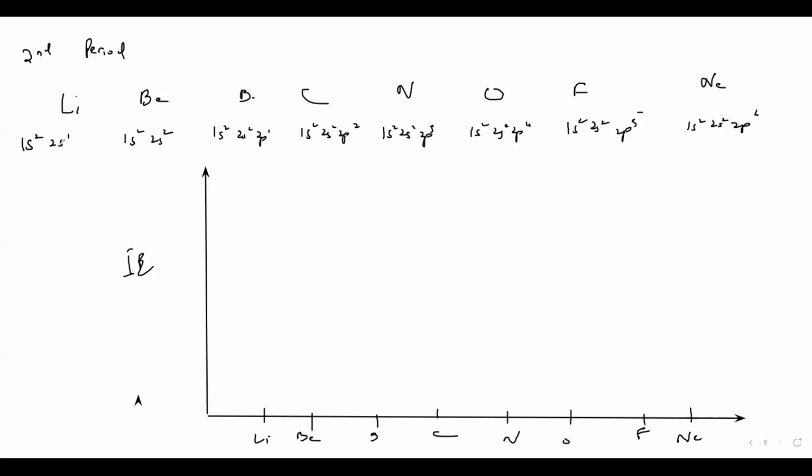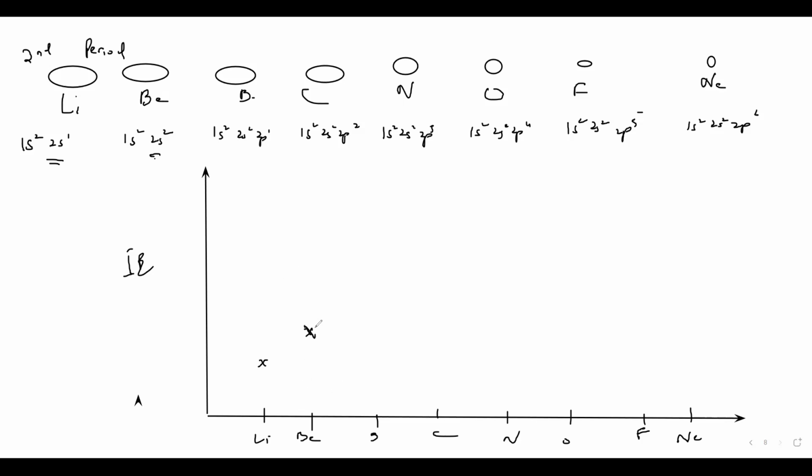In terms of size, across the period the size decreases. They all belong to the same shell, but the size of the atom is decreasing. When we remove the electron from lithium, we remove it from 2s. This is the value for lithium. Then when we remove the electron from beryllium, because it's a complete shell and it is difficult to remove an electron from a complete shell, beryllium will be higher.